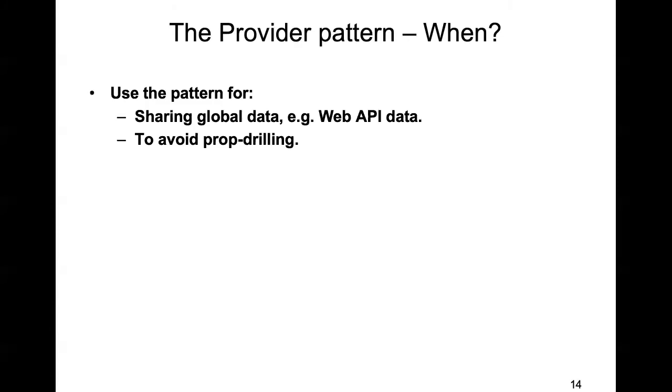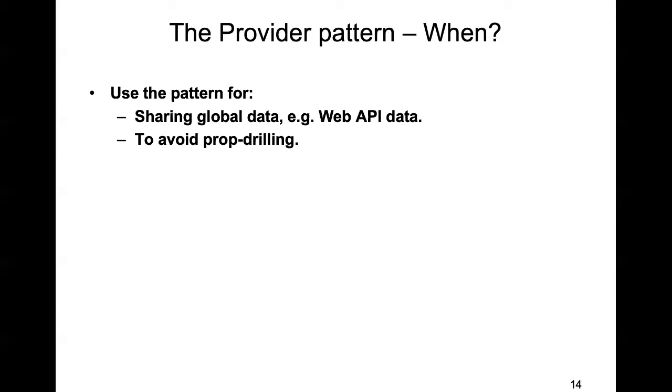Now, when do we use the provider pattern, i.e., when do we use React context? And it's quite straightforward, actually. If you've got a number of components in your hierarchy that all want to access some piece of what I'm calling global data, then that's an ideal use case for React context.